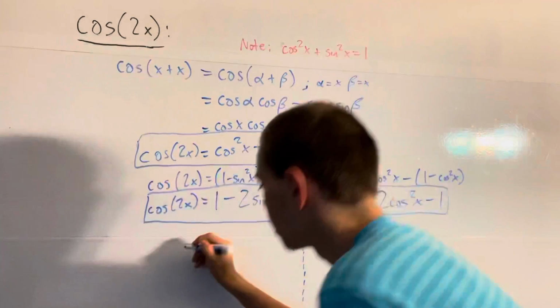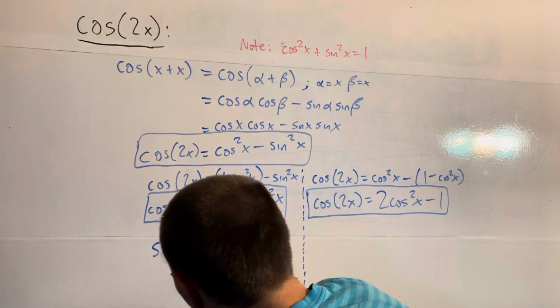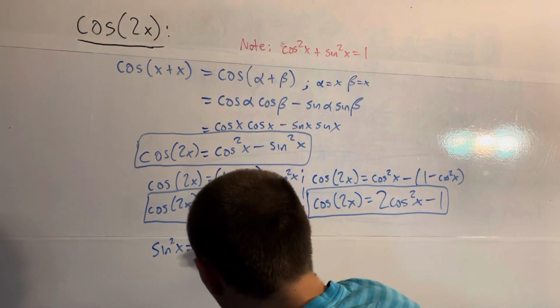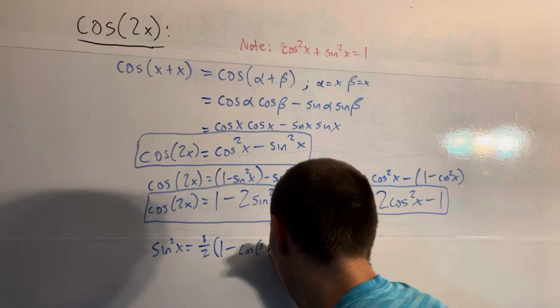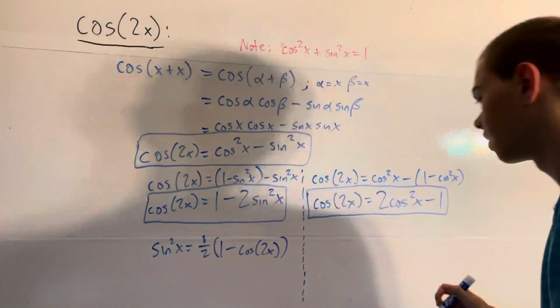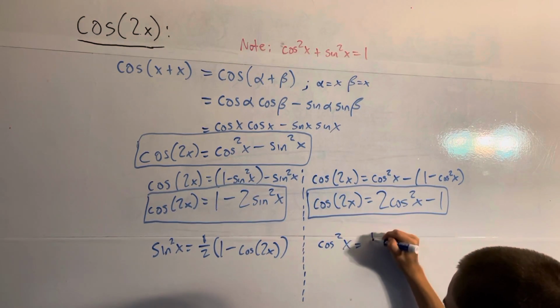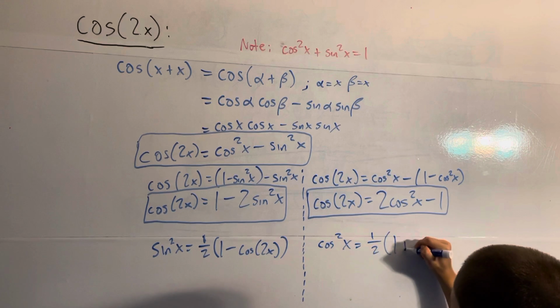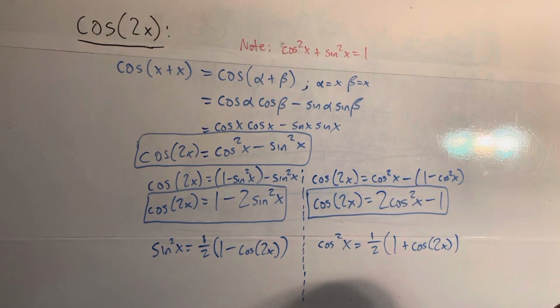When we express sine squared of x and solve for it, you get 1/2 times 1 minus the cosine of 2x. Solving for cosine squared x, you'll get 1/2 times 1 plus the cosine of 2x.